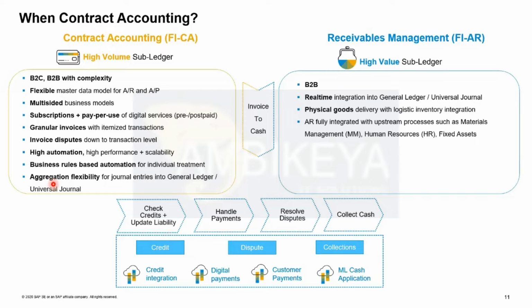And these invoices don't only contain an aggregated portion of what is maybe a recurring charge and the total amount of the consumption, but can prove in the itemized transactions or events to the customer, this is what you have used with date and time and the specific service type.